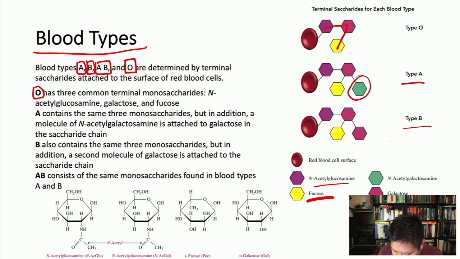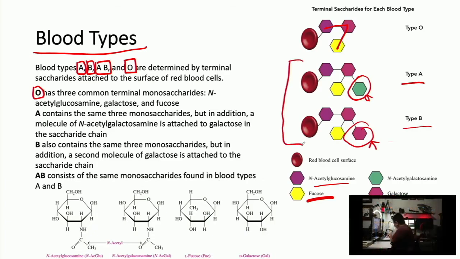For type A, there's the extra N-acetylgalactosamine. And then for type B, there's an extra galactose. And then when you have type AB blood, you have both of these in your blood. Right? So that's the reason why type O blood is the universal donor.